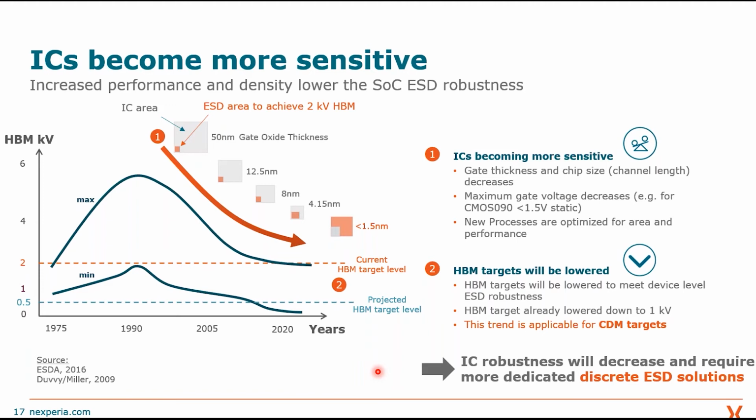When you consider that an internal ESD protection needs a certain amount of area, indicated here with a red point, and you increase the functional density in your IC, the gate oxides will decrease, and at some point you reach the break point where the space for your ESD protection will be the same or even more than the functional space.